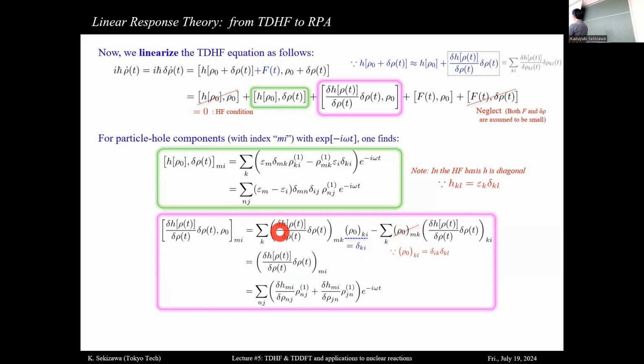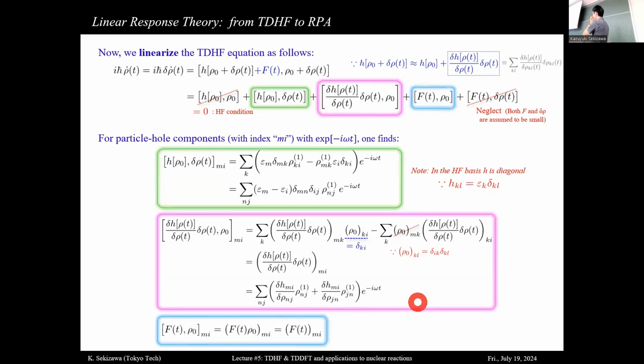So the first term remains, and you can take the summation over k, and you get this form, and then you can put the form of delta rho here. So you have this equation. And finally, you can check what is this f rho zero term.